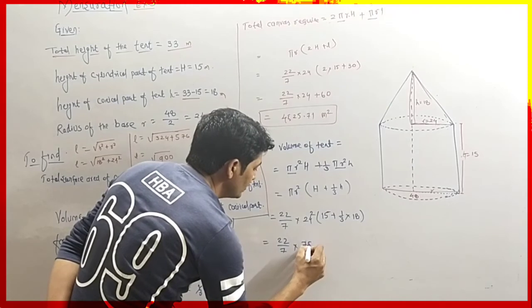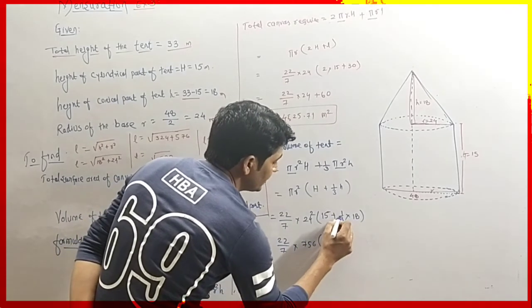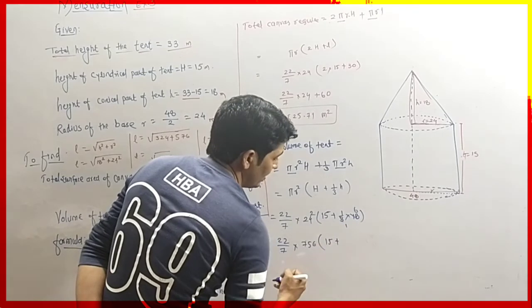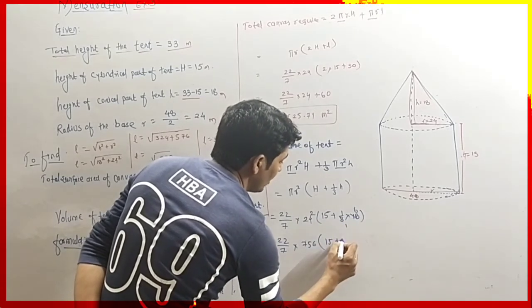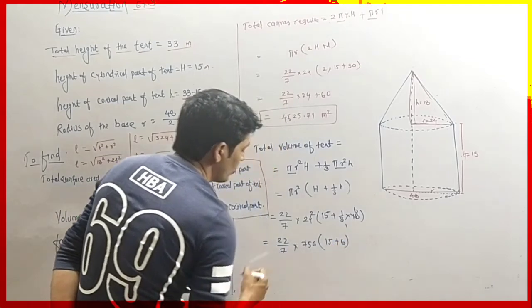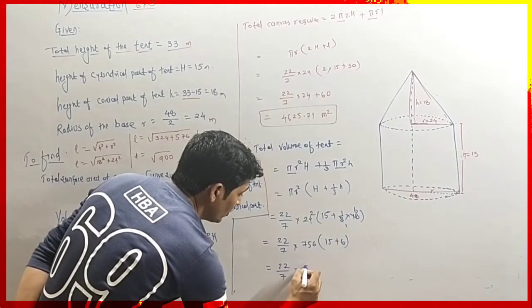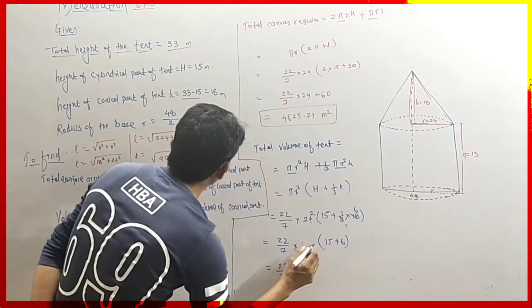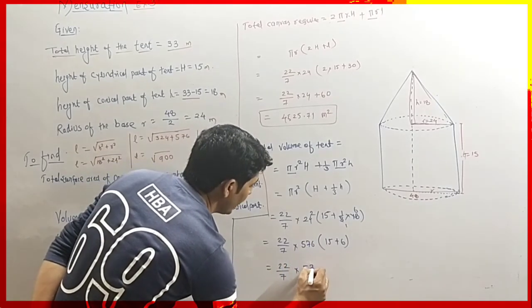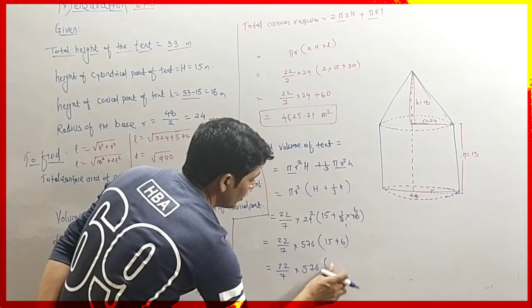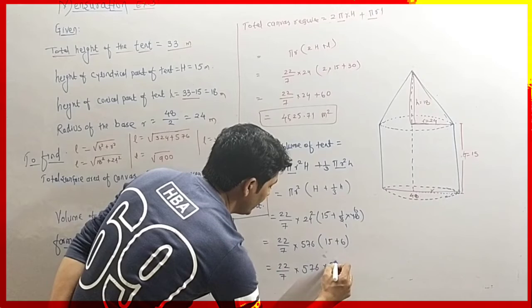So it is 576 into 15 plus, 3 1s are 3, 3 6s are 18, so 15 plus 6, which is 21.